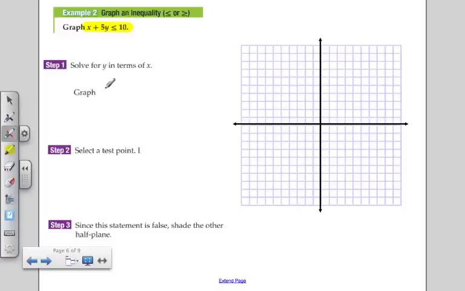This is really hard for me to do, and it takes too much time, so I'm going to let you guys do that, but we end up with something like y is less than or equal to 1/5 x plus 10 divided by 5 is 2.